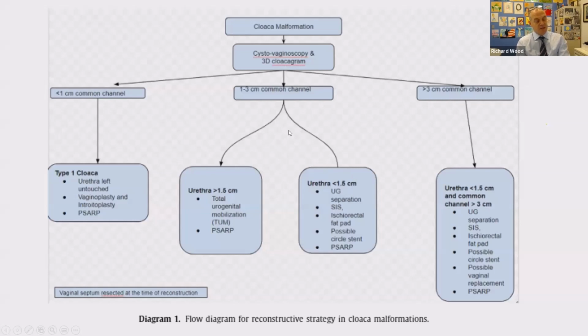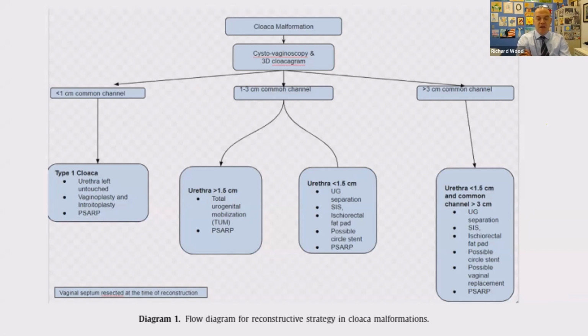But this algorithm has allowed us to operate on multiple of these patients with not having to change our plan between TUM and separation, which is really important. There was a study done years ago where they looked at what happens if you try to do a TUM, but you're not successful. And we'll go over this in more detail at the next meeting.